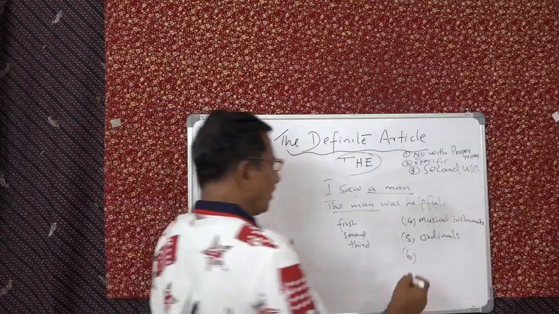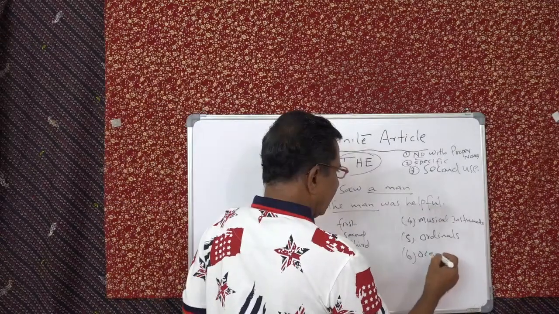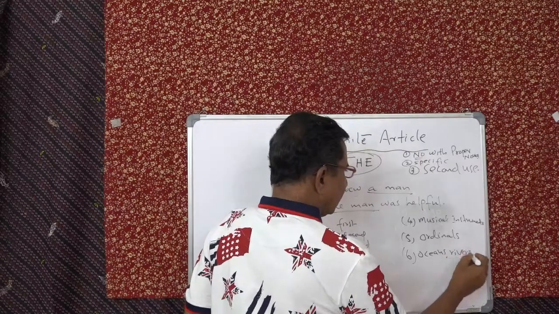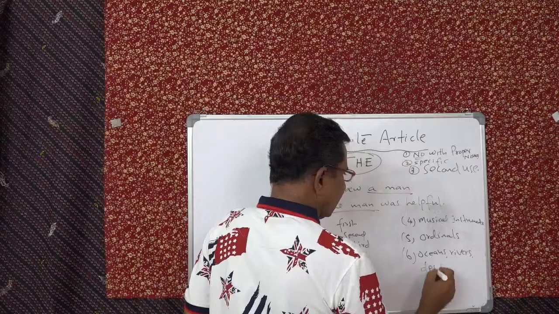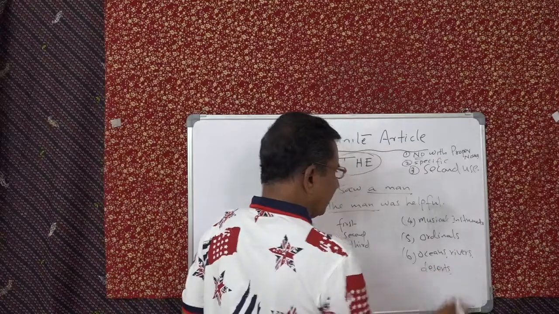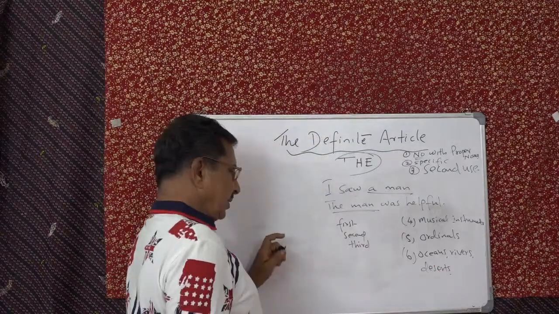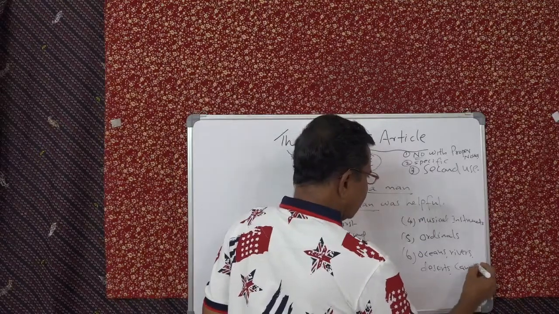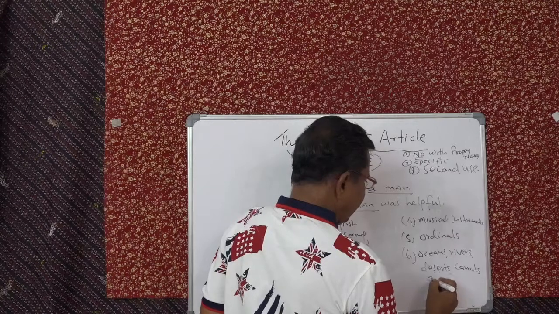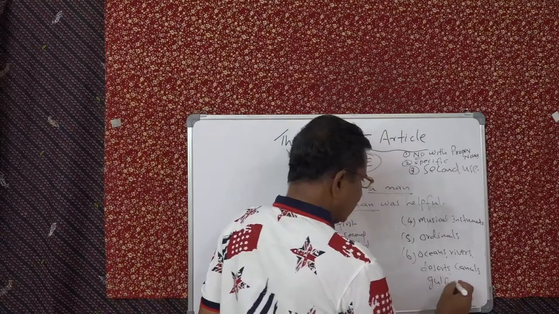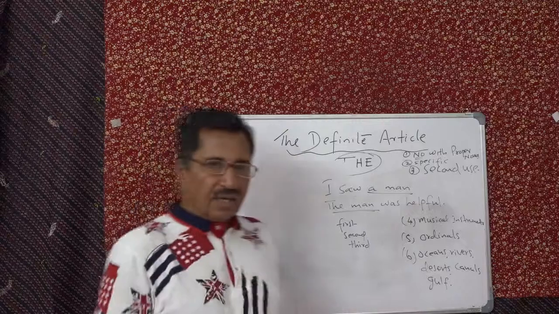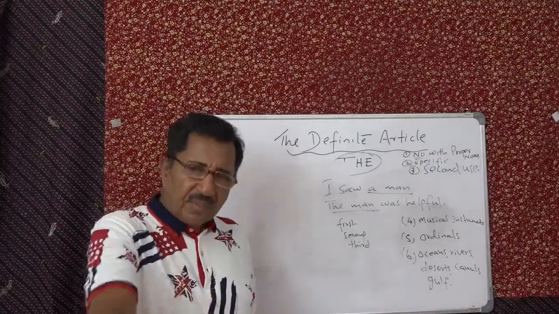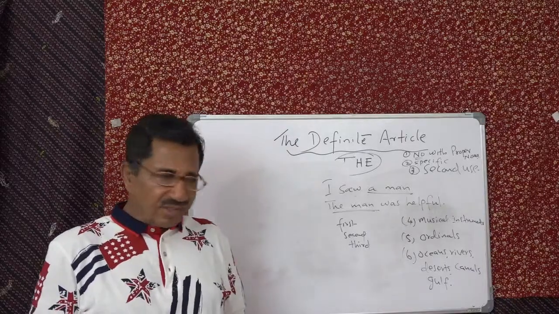So what do you do? Sixth is oceans, rivers, deserts. Then oceans, rivers, canals, gulfs. So you can say the Suez Canal. Don't say Suez Canal. The Suez Canal. Yeah, you are particularizing that. The Suez Canal.